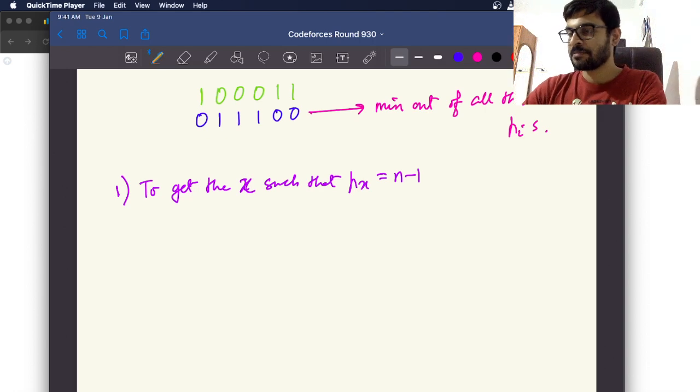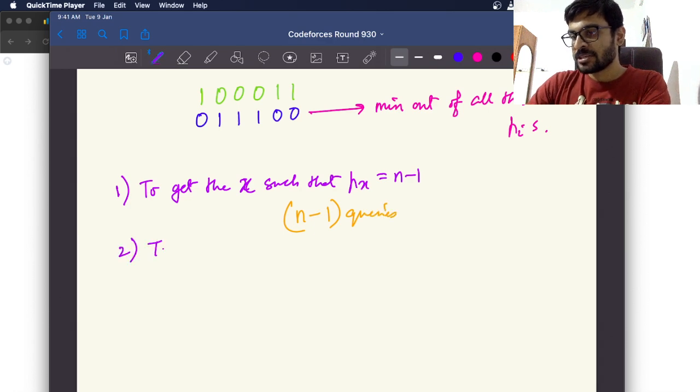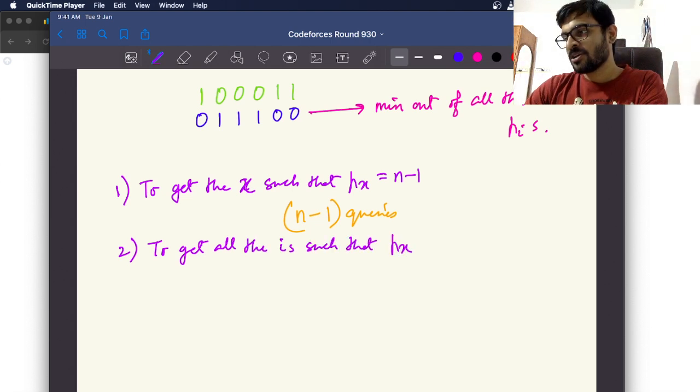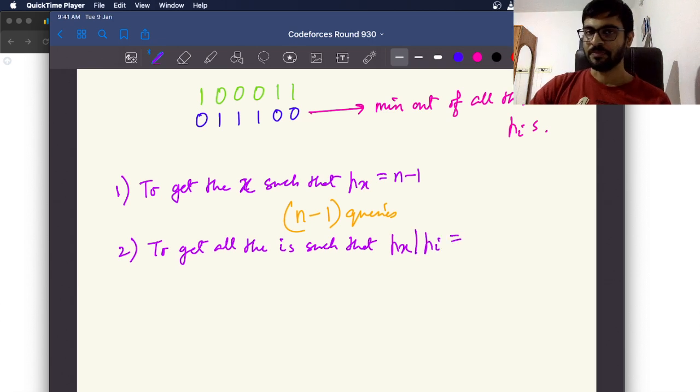For that, the time complexity, or the number of queries, is n minus 1 queries. My second step is to get all the i's such that PX or PI is equal to maximum.